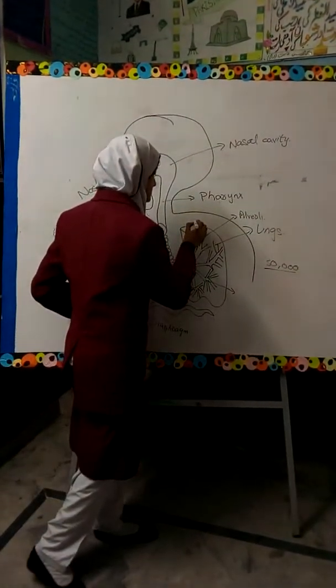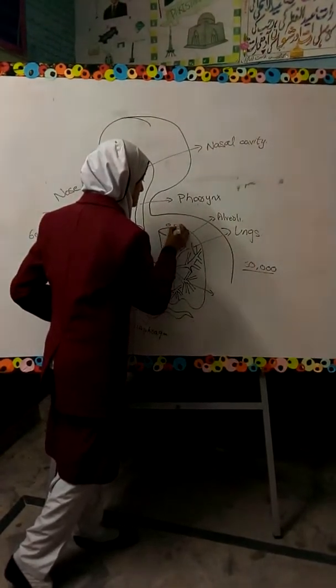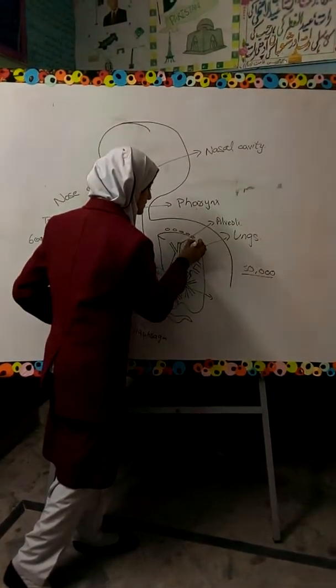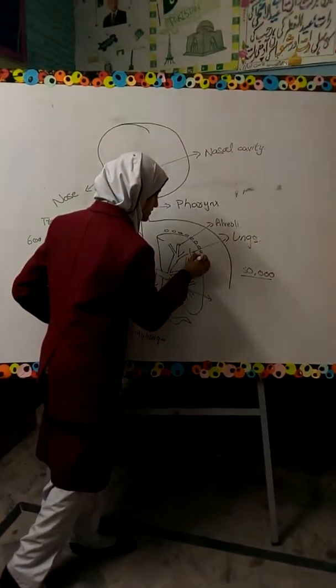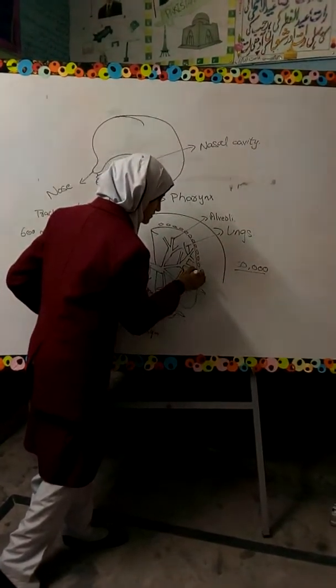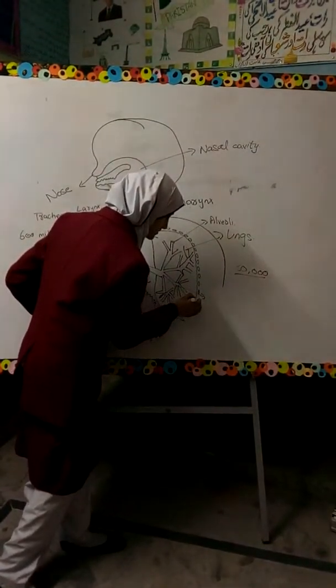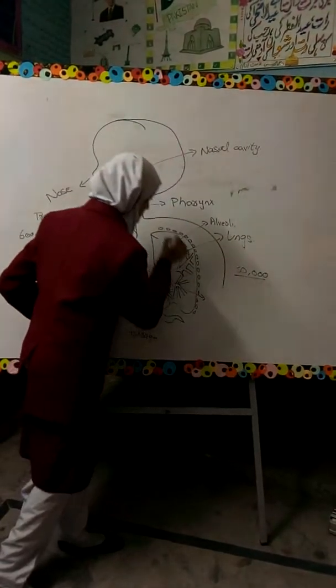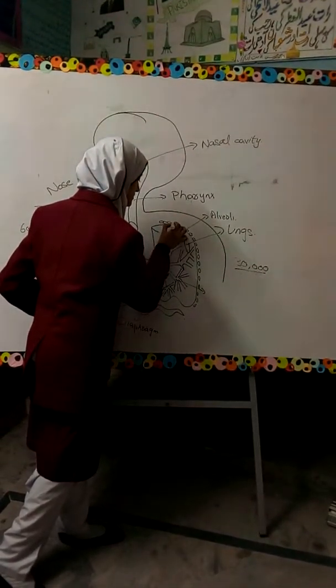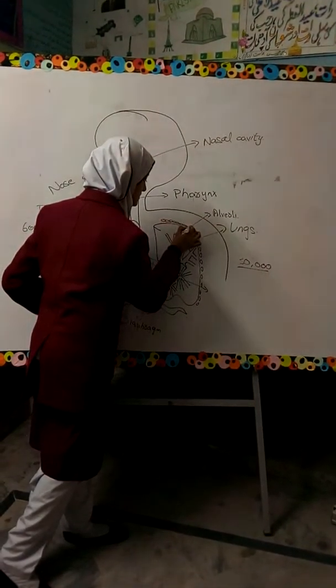And here are the tiny structures. They join each other like this.